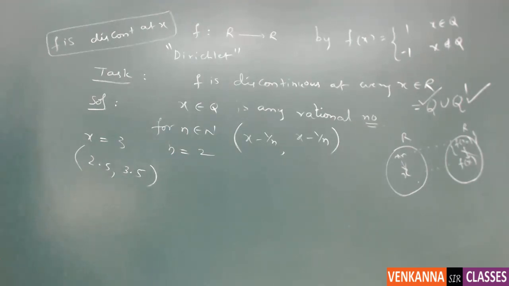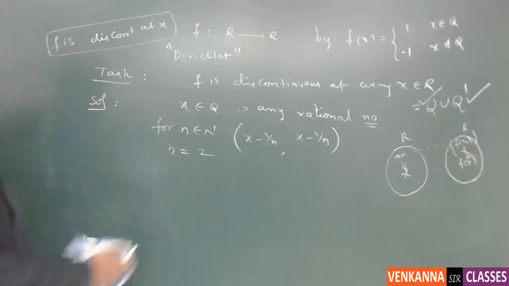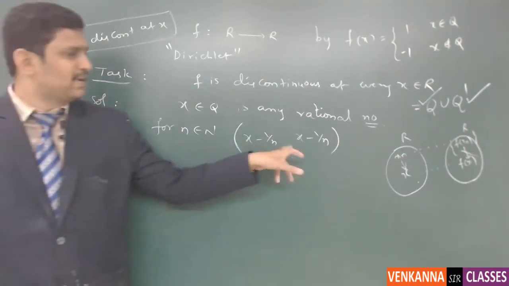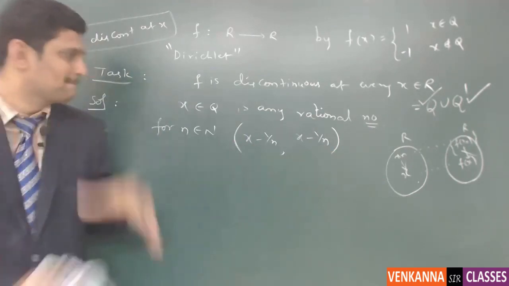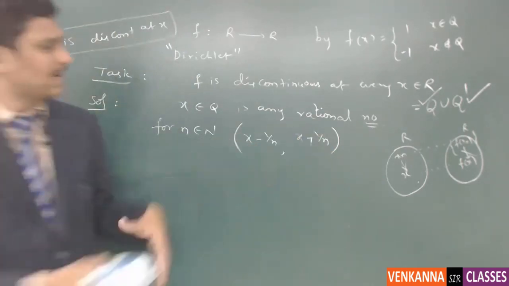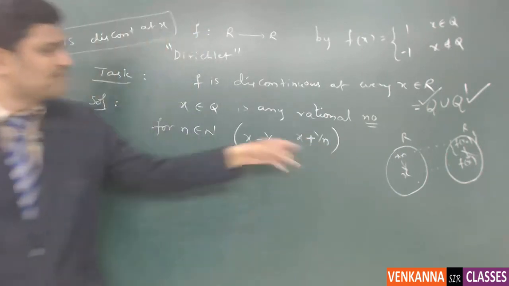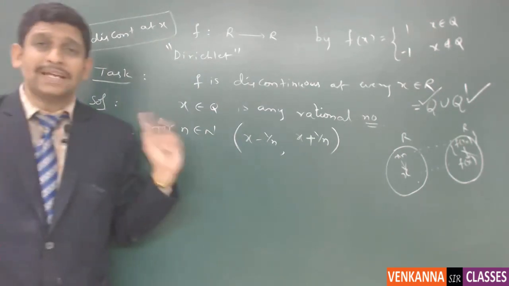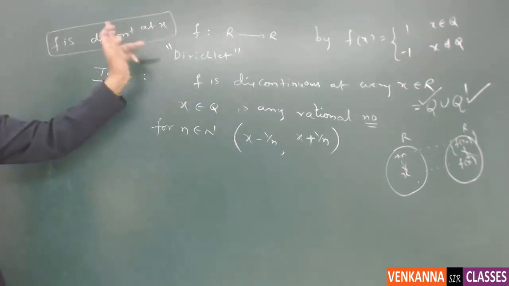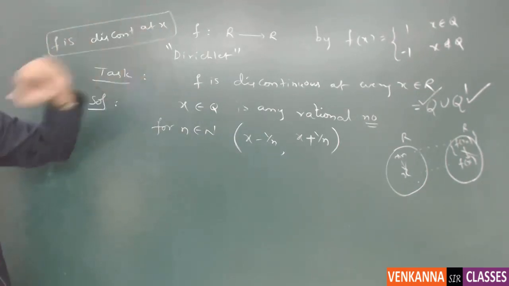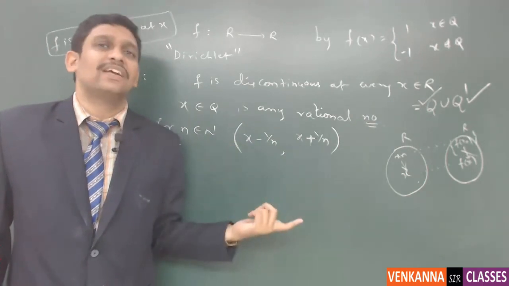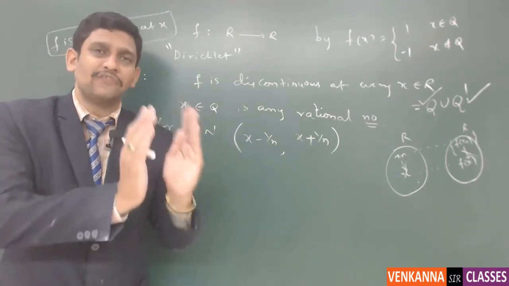Right. So in this way, for every natural number n, between x minus 1 by n and x plus 1 by n, you can find so many rationals as well as irrationals. So, since my intention is to prove discontinuity, apart from taking a rational sequence, I can find a set of irrationals here.